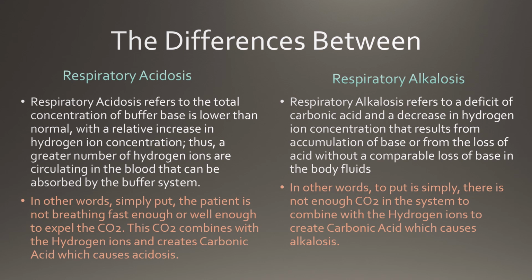So, if we have either one: too many hydrogen atoms, too much carbon dioxide creates carbonic acid, putting your patient into respiratory acidosis. If you have a decrease in carbon dioxide and hydrogen atoms, the base, the bicarbonate HCO3, can take over and cause respiratory alkalosis.